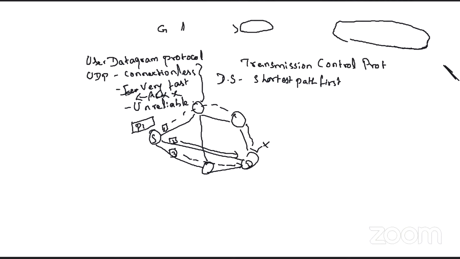TCP is reliable because of acknowledgement, and it is connection oriented because a virtual path will be laid between the source and destination. Here it is connectionless, and it is very fast since it chooses different paths to reach the destination, but it is unreliable because the acknowledgement is not received by the source.